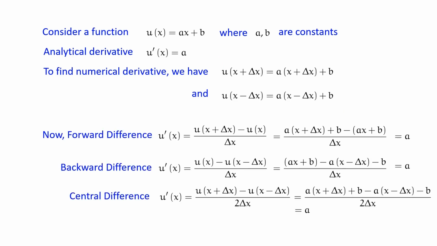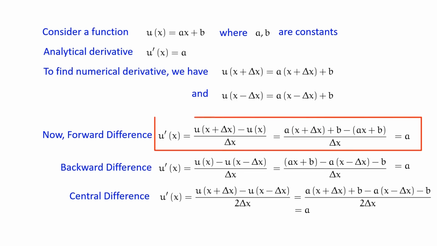Now, numerically speaking, the forward difference u prime x is u(x plus delta x) minus u(x) divided by delta x, which is given by a multiplied by x plus delta x plus b minus ax plus b, divided by delta x, which is equal to a. You can see that this numerical derivative is the same as the analytical derivative.